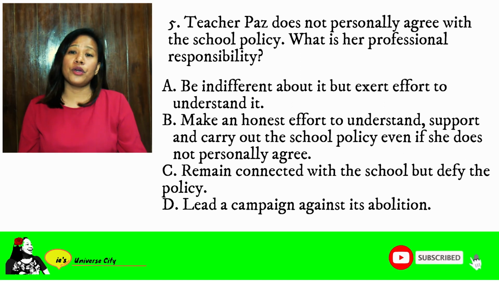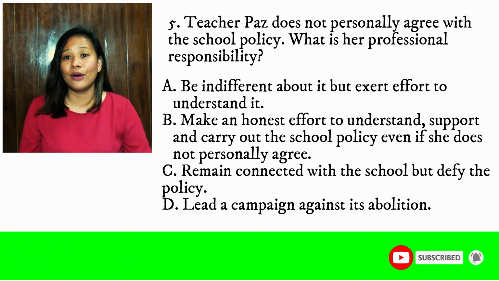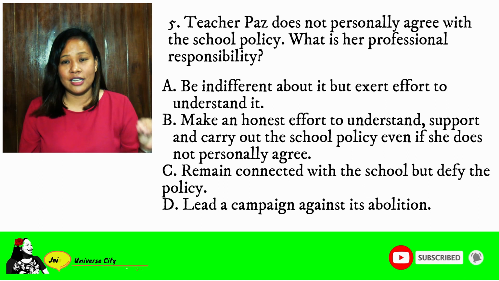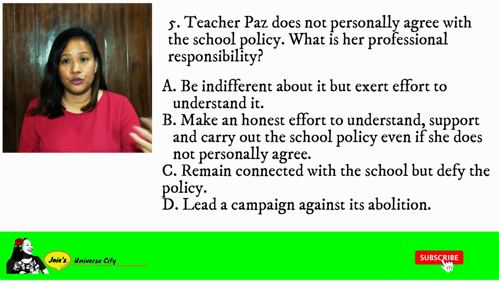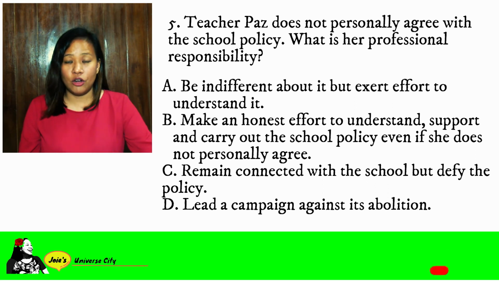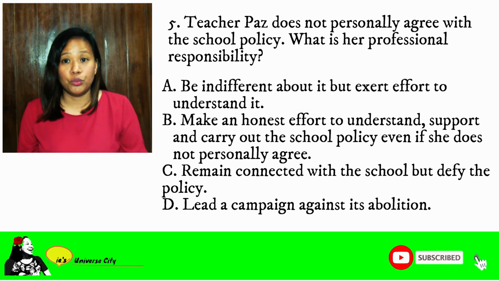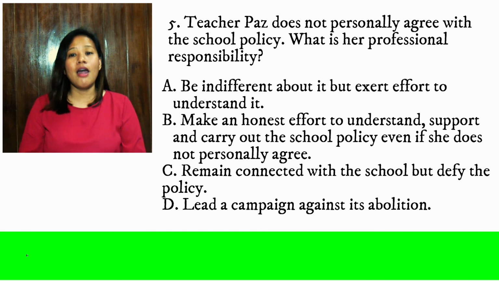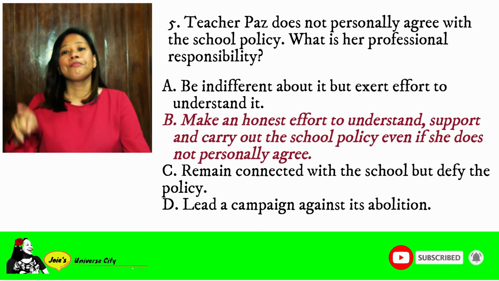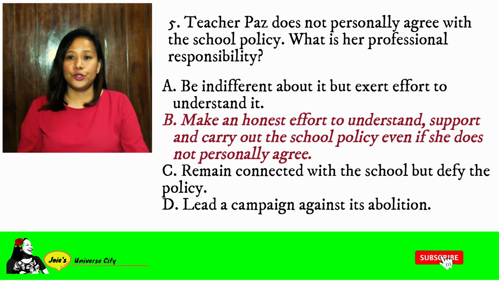Or another thing is that we just have to be silent about the policy, because as part of a certain organization, it is our responsibility to agree, to support, to carry out all the policies that the school will implement. All right. So the answer here is letter B. Make an honest effort to understand the policy.